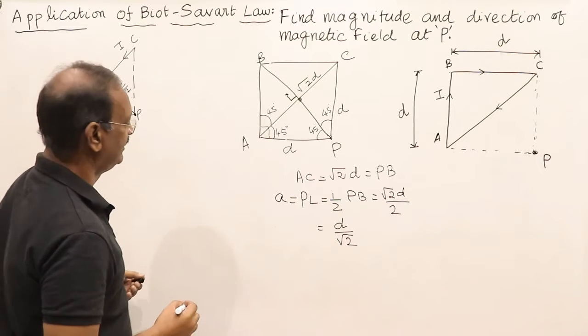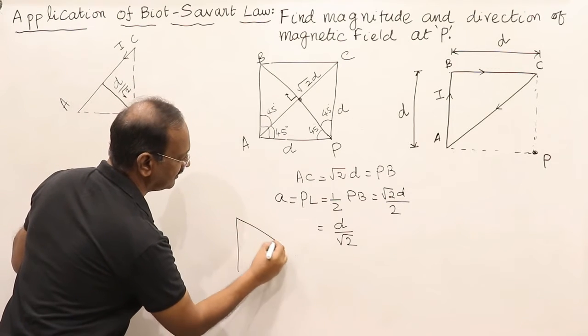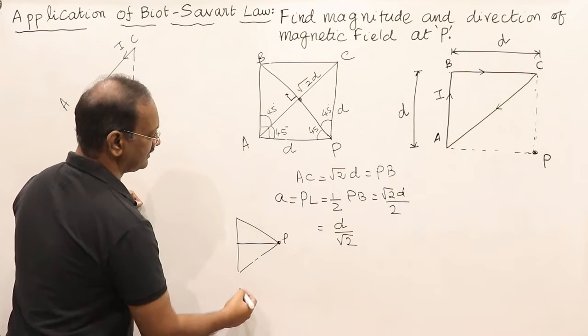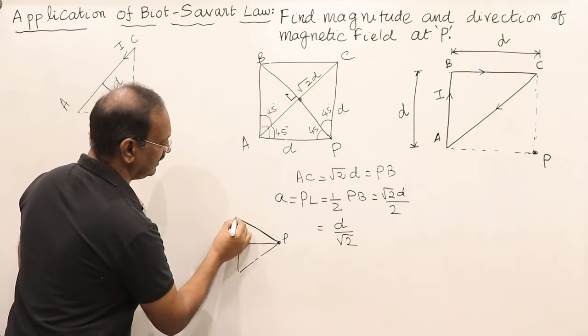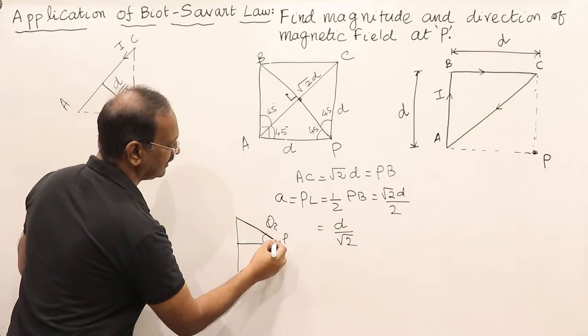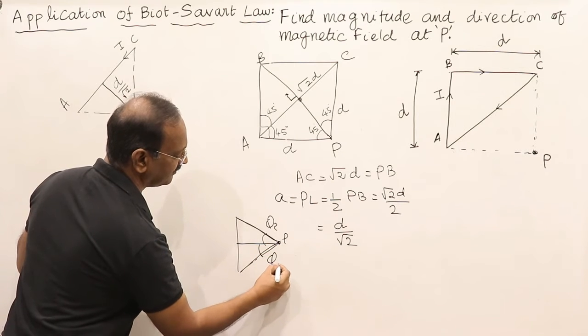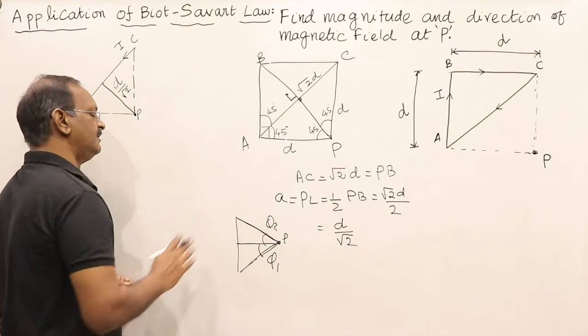To find out the magnetic field at any point, suppose at P, we take the perpendicular distance, then one end, that is phi 2, joining this reference line with this one, this will be phi 1, either this is phi 2 or this is phi 1.